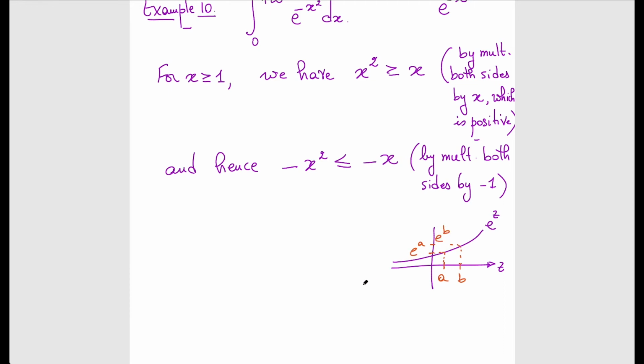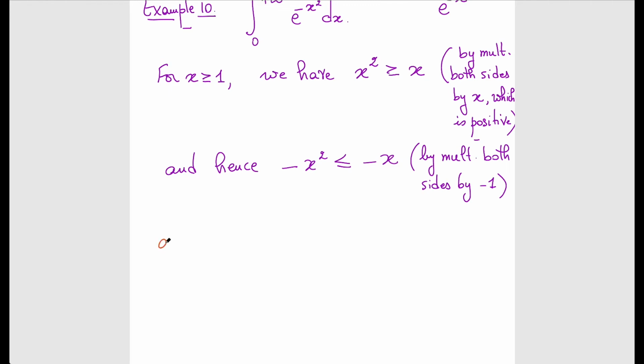This is my a, this is my b. So e to the power of that is less than or equal to e to the power of this. That's what I'm saying, because the exponential function with base e is increasing.